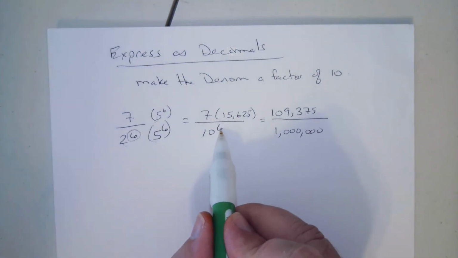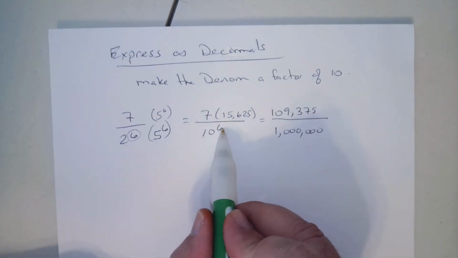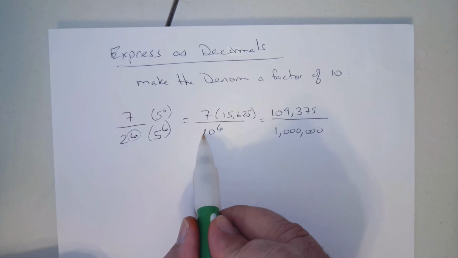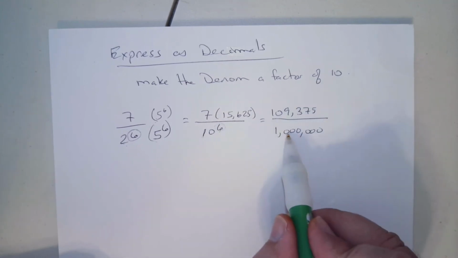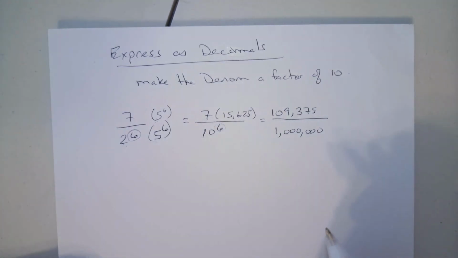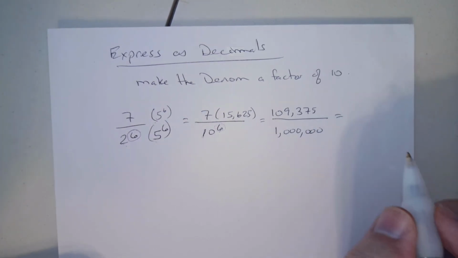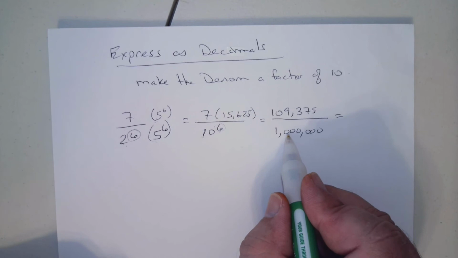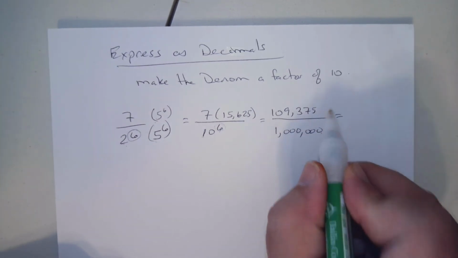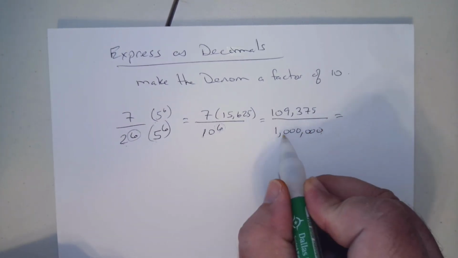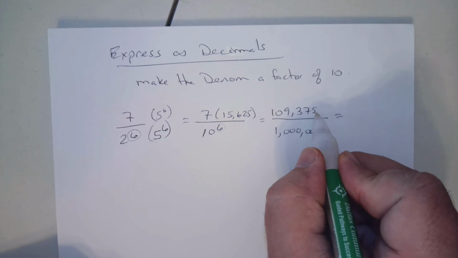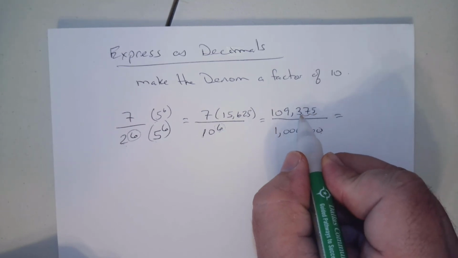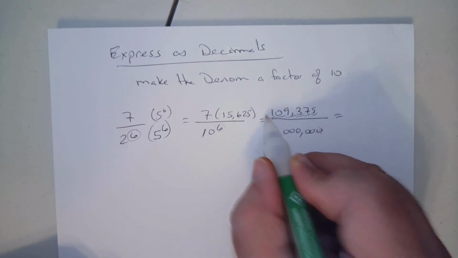If it's a positive exponent, 10 to the power, what that means is that there's a 1 and this many zeros. There's 6 zeros. So now when you divide it, when the big number's on the bottom, this number of zeros tells us how many decimal places we move to the left. 1, 2, 3, 4, 5, 6.